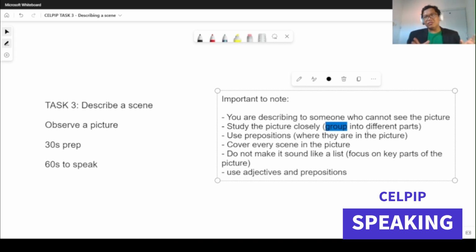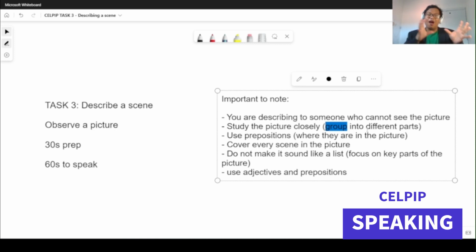But there will usually be different sections of the picture where you can see that there are different focuses going on. So in your preparation time, you have to study those things closely and make sure that you identify the different categories. Those will become your body answer.